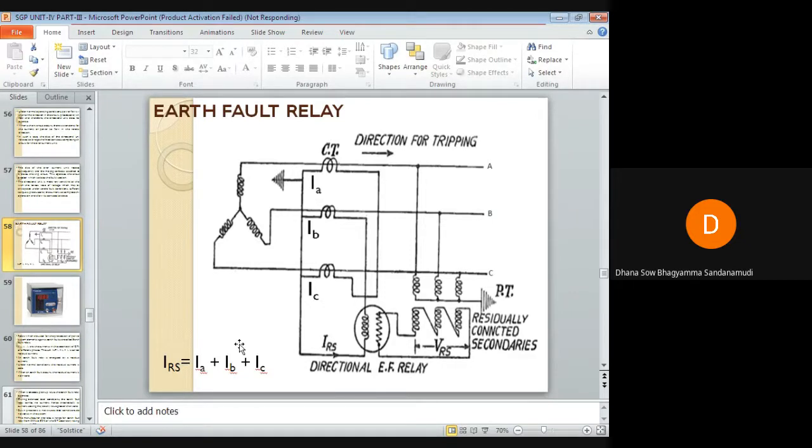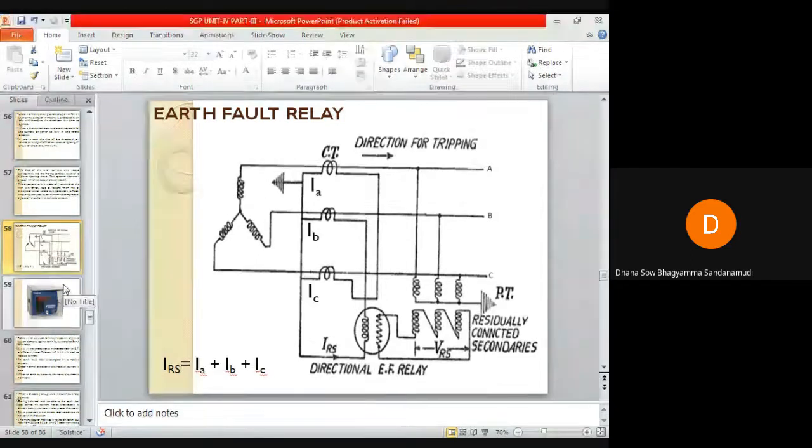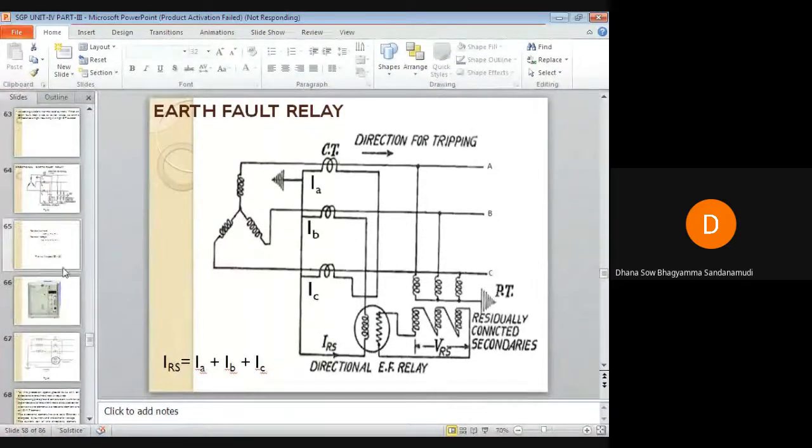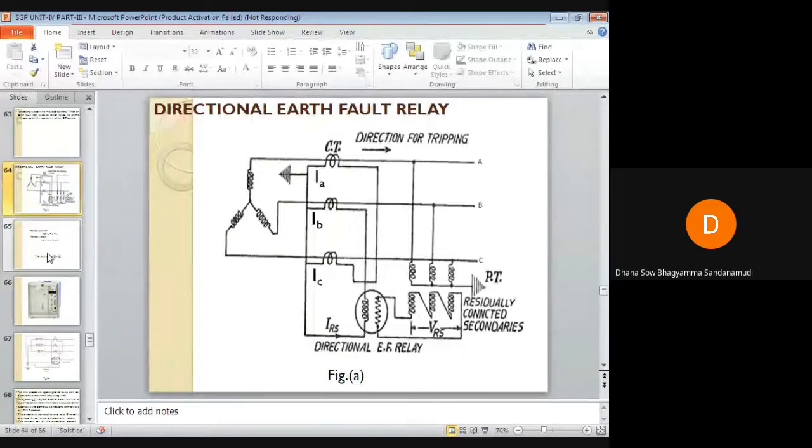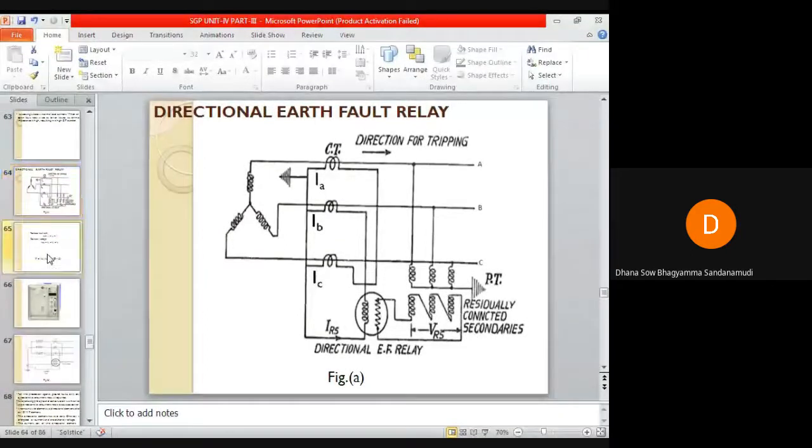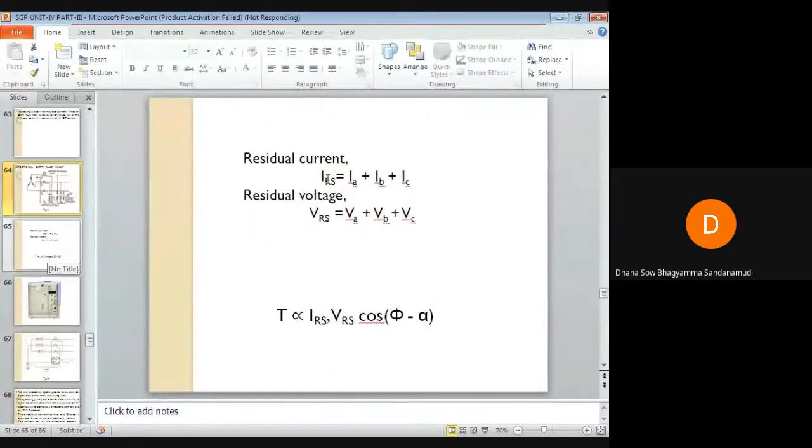Now, the residual current you already know, IRS is equal to IA plus IB plus IC. Similarly, the residual voltage is VA plus VB plus VC.